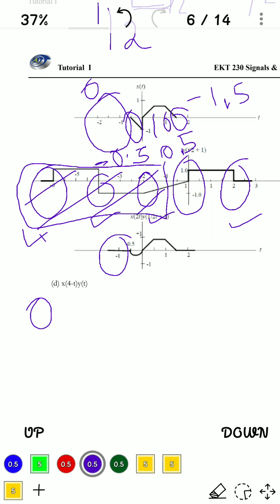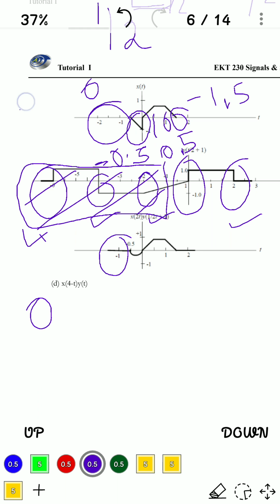And now coming on to this particular triangle part. See this particular triangle part, I'll write it again. This triangular part is from the minus 1 to 0 period. This particular signal is what?